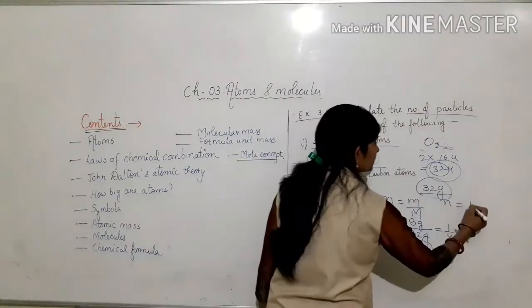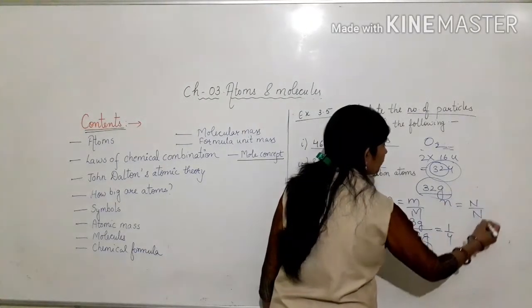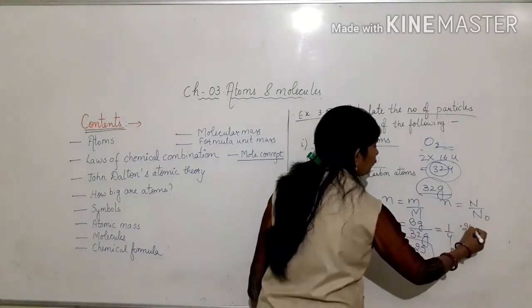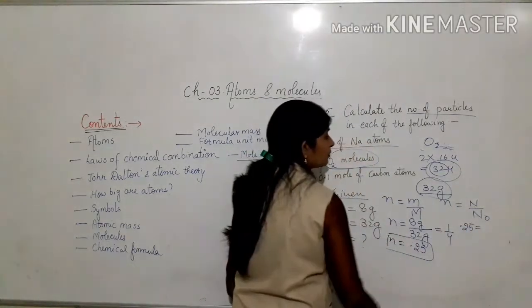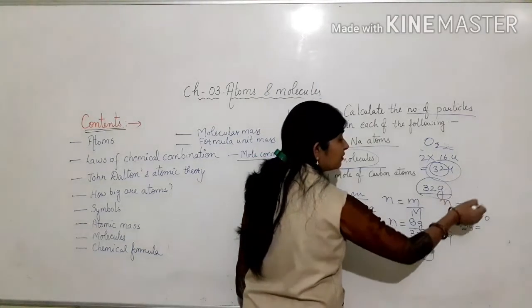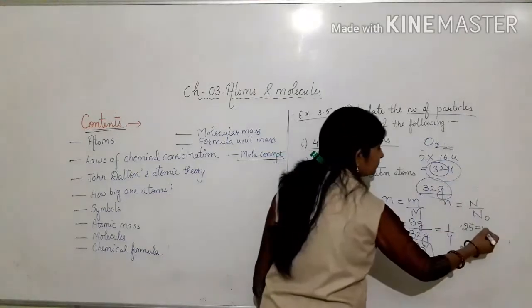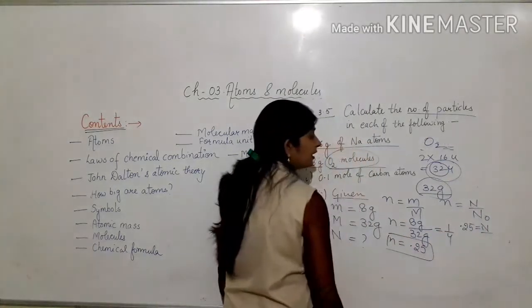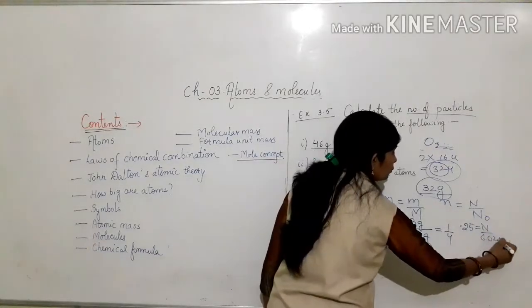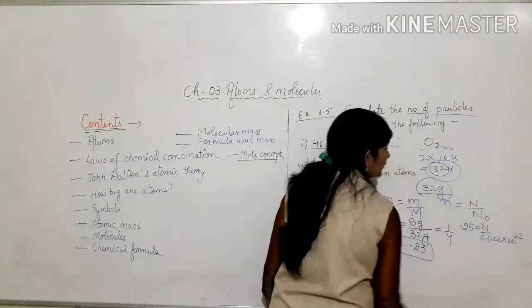Now apply the second formula. Number of moles is equal to given number of particles upon Avogadro constant. Number of moles 0.25 is equal to given number of particles. It is not given, we have to calculate it. So just write capital N upon Avogadro constant N naught, that is 6.022 into 10 to the power 23.